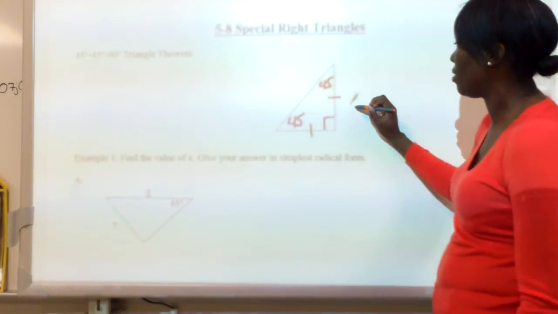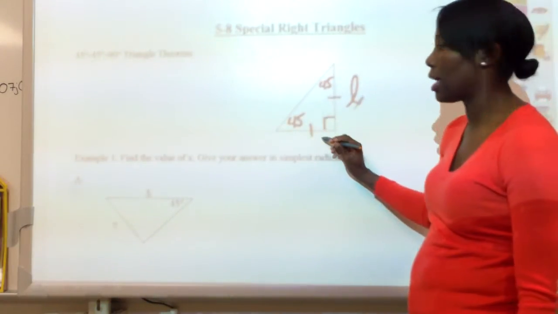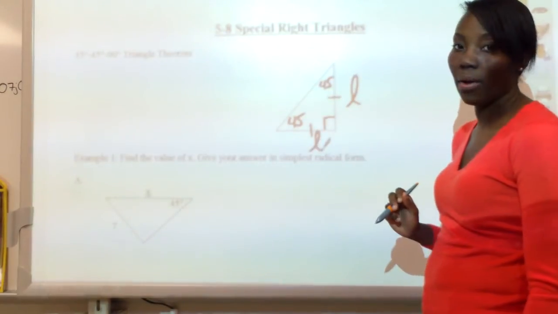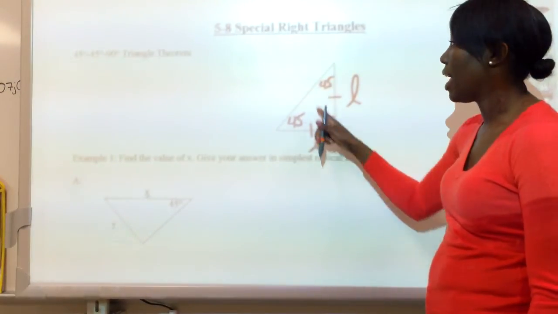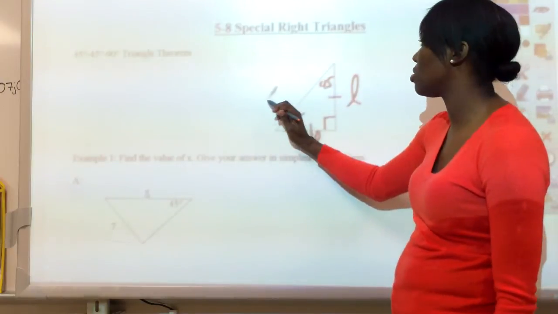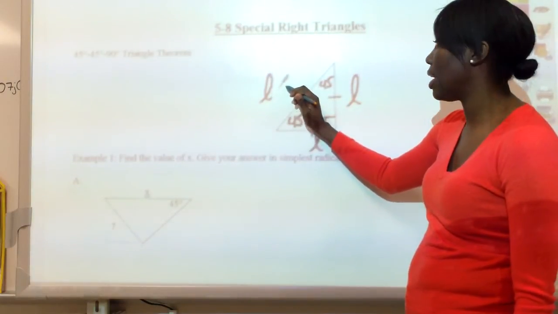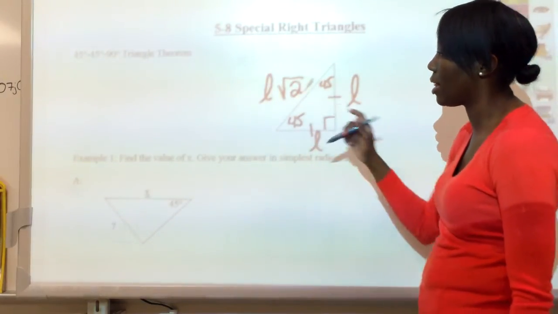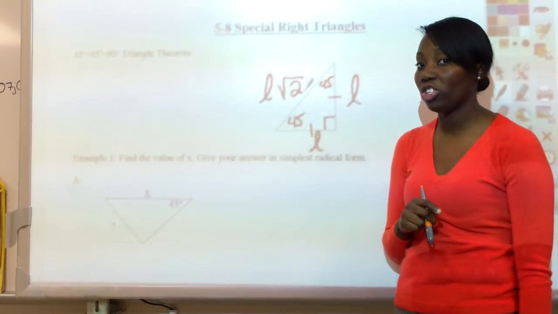So let's say this one is just a leg, that one is just a leg, they're both congruent. To find the hypotenuse, you take the length of the leg times the square root of 2, and that's how you can find the measurement.